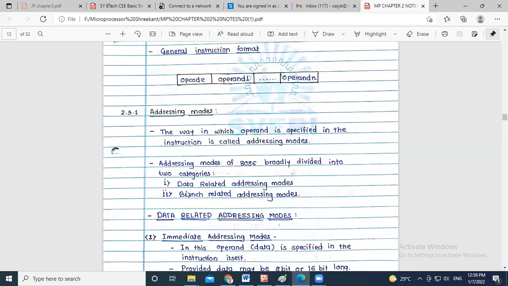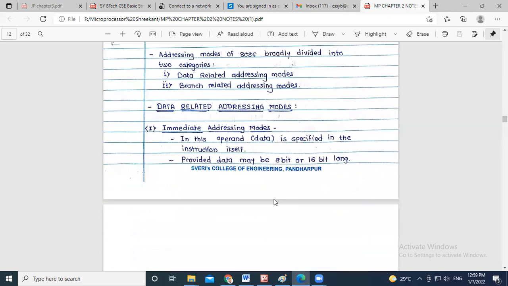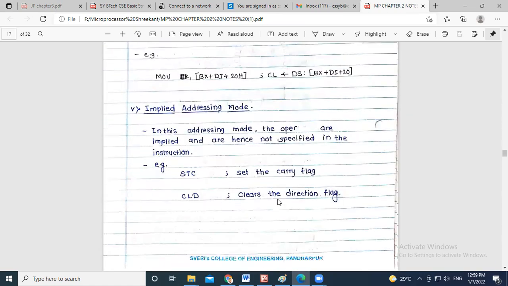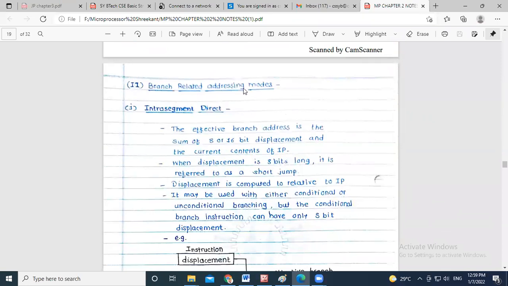Next, I will move on to branch related addressing modes. The second category is branch related addressing modes. In the branch related addressing modes, again there are four categories, two of each. There are mainly two categories, intra segment and inter segment.